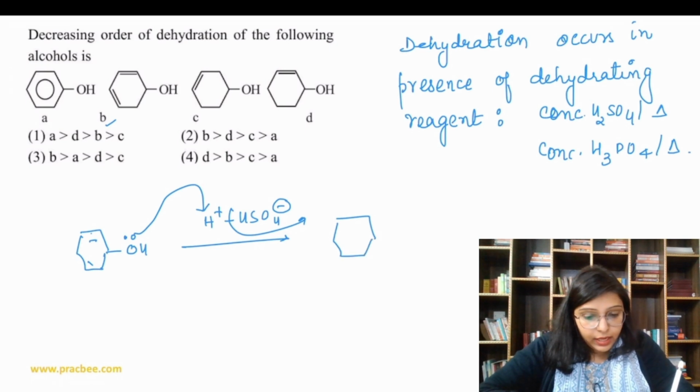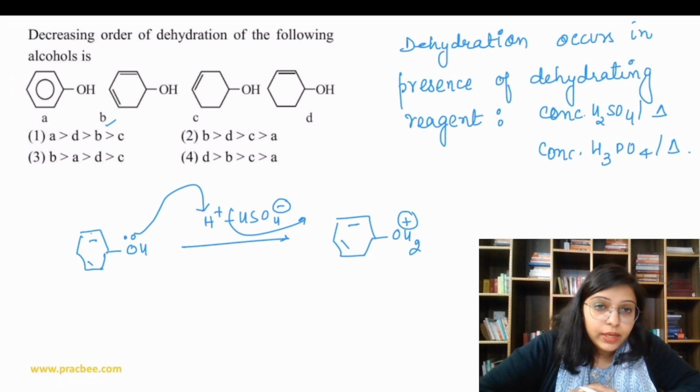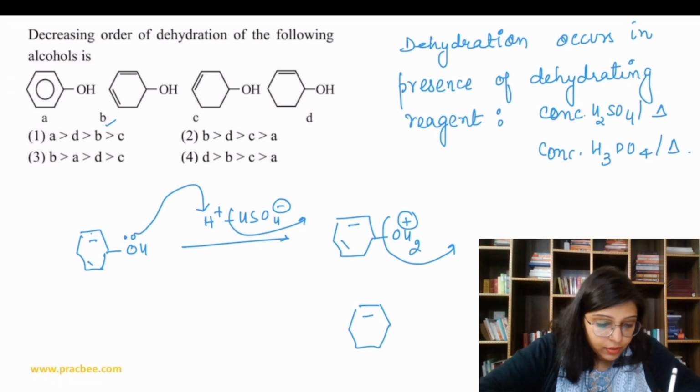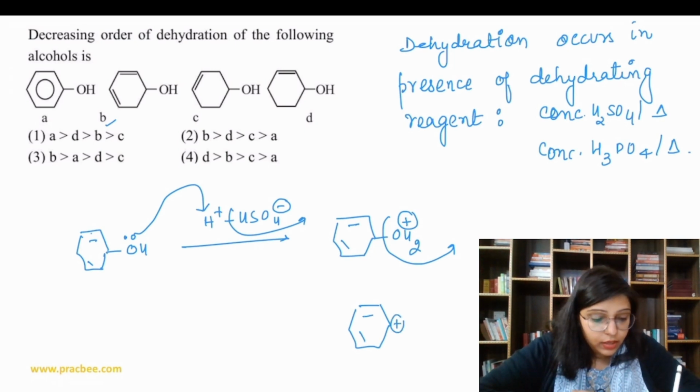So we get OH2 positive. Now what happens? If we remove water, we have carbocation formation over here.